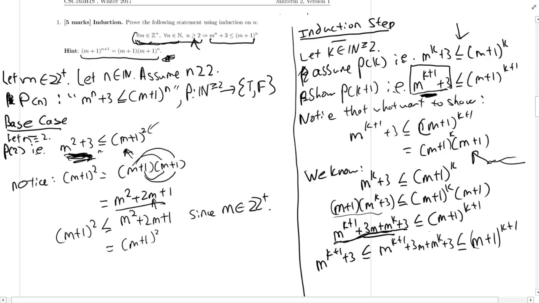Pause the video and try to think about this, because this is one of the tricks that you need to use in these induction proofs. Once you understand why this works, you have two inequalities, so you can just drop the middle one and rewrite this, and that's it. That's your proof. How do you like that?